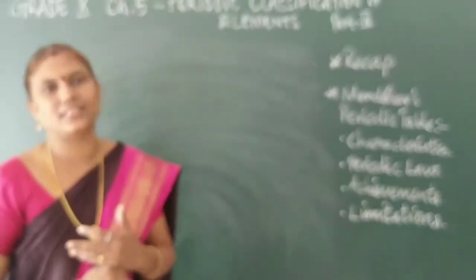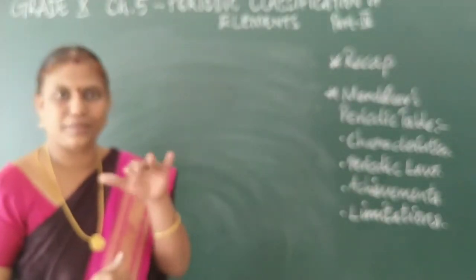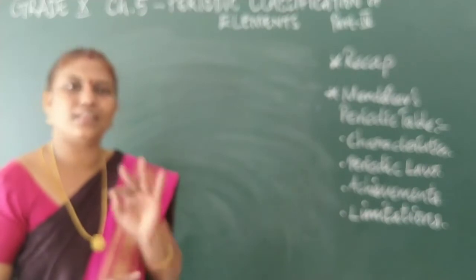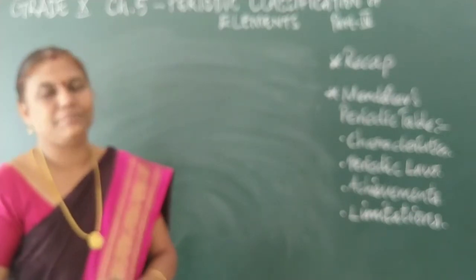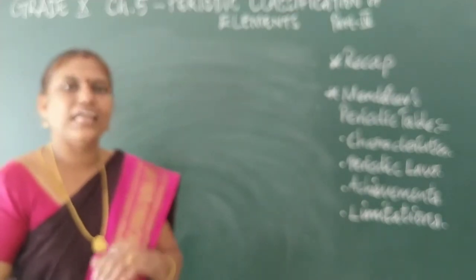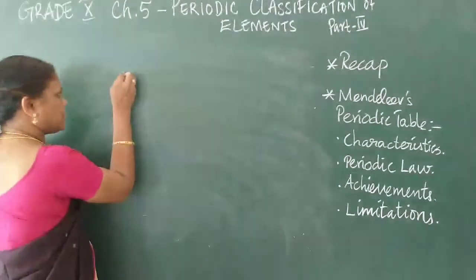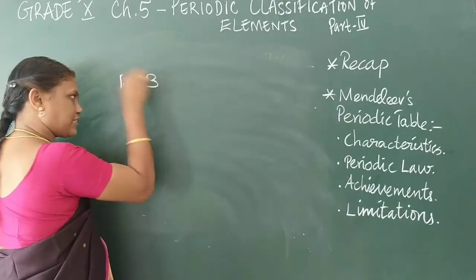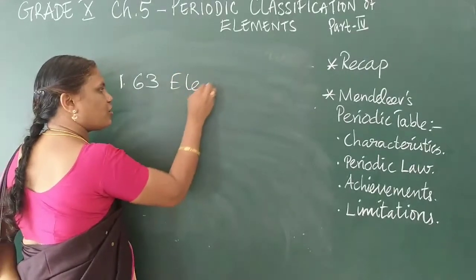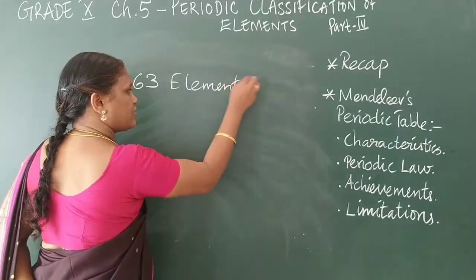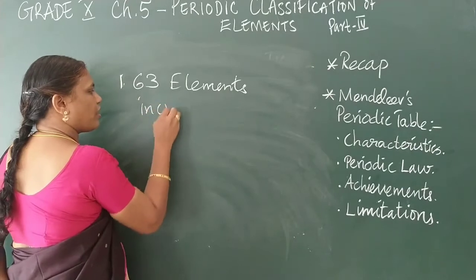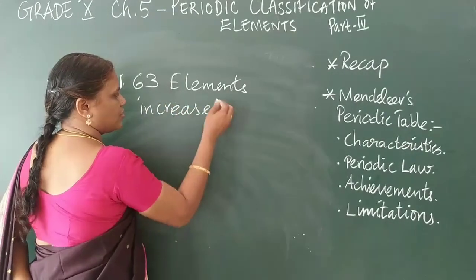How many elements were there during that period? 63 elements were discovered, and they are arranged in the increasing order of atomic mass.